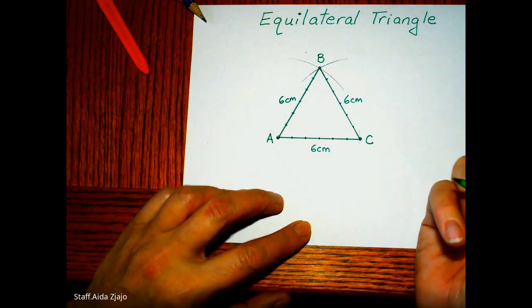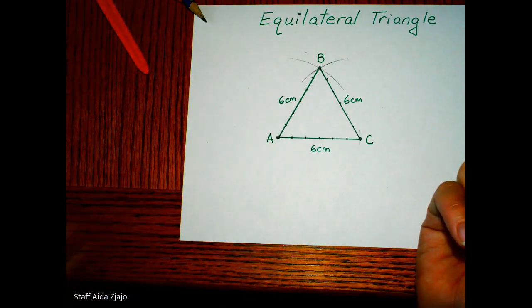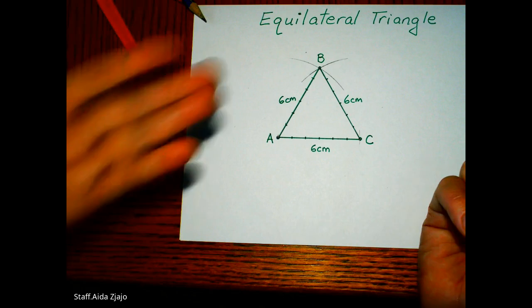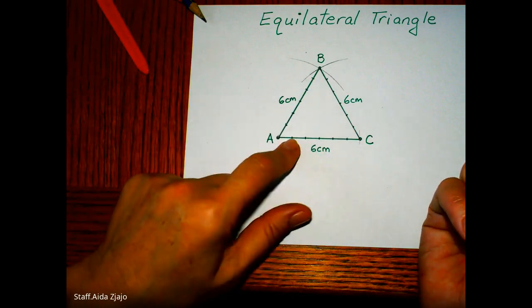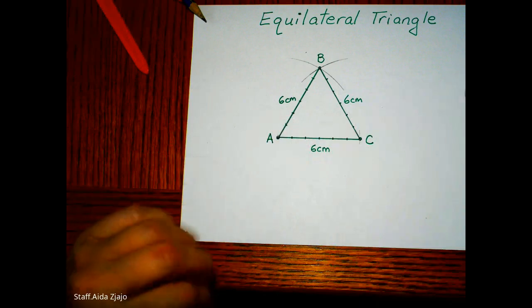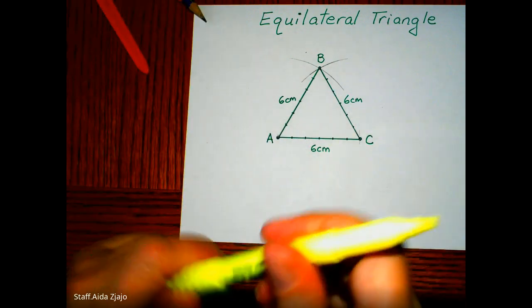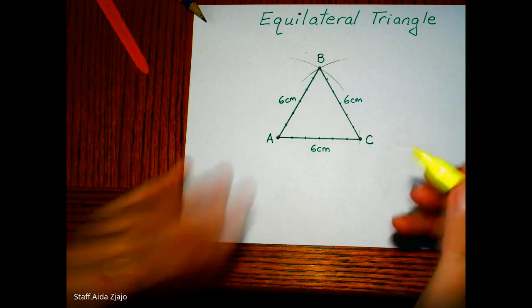Okay. Then the rule says that if I have the same sides, I will have the same angles, because opposite angles of congruent sides will be the same. So now we're going to prove that.